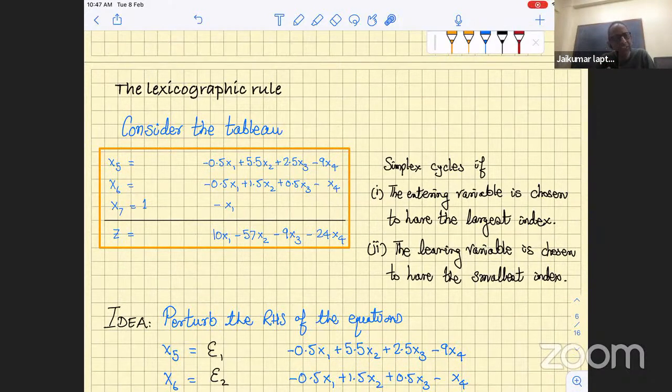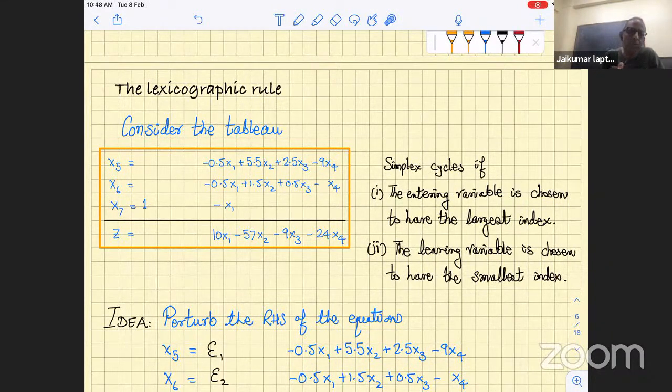The moment the degeneracy ends, that is, we make a true increase in the objective function, not a fake increase, we say we are out of that degeneracy, we throw away the epsilons and run the old simplex until we meet degeneracy again. Then we introduce the epsilons, get rid of the degeneracy and make a move. That is perhaps a more efficient way of doing this.